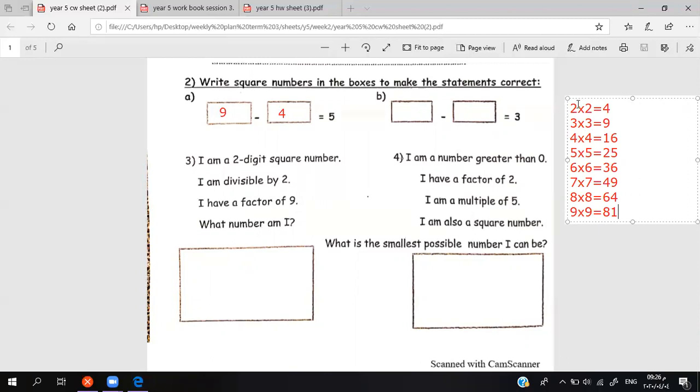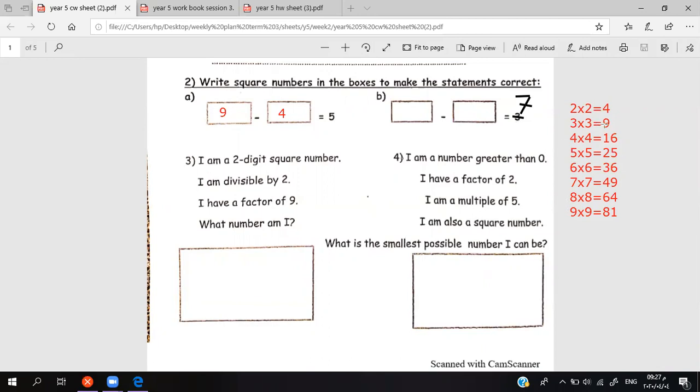Now I want two numbers. When I subtract them, the answer can give me a 3. I'm sorry, guys, this shouldn't be a 3, it should be a 7. So I need you just to cross it and write instead of it a 7. So I need two square numbers. When I subtract them, the answer is gonna be a 7. I'm sorry, you're not gonna find anything which is gonna give you a 3.